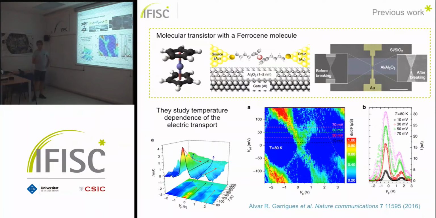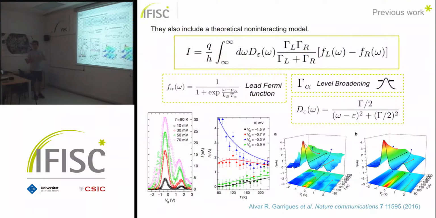This is the energy level of the system, and in different points of this system, they find that increasing the temperature, some of them decrease, some of them increase, and others are more or less the same. To explain that, they implemented Landauer formalism, some kind of model, but a non-interacting model, I have to say. And with this, they try to fit the experimental results.